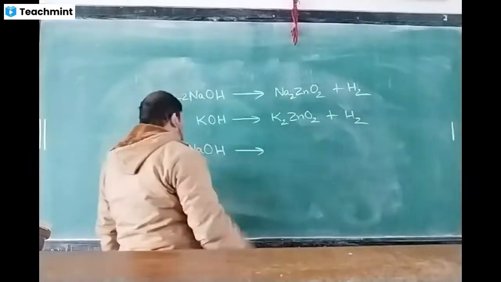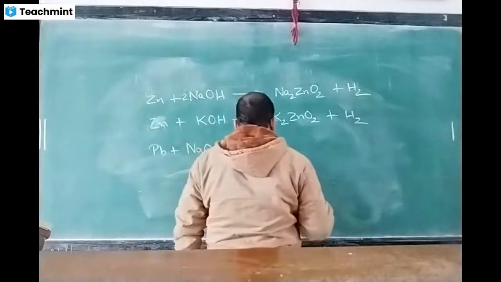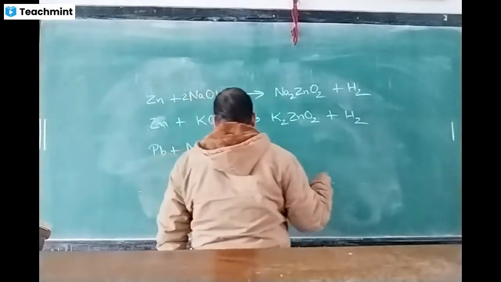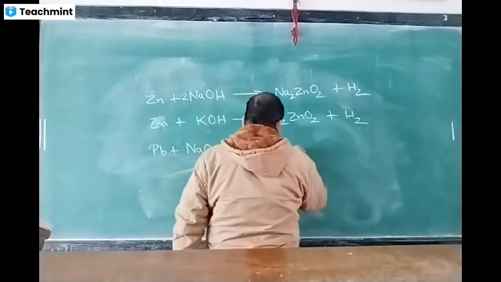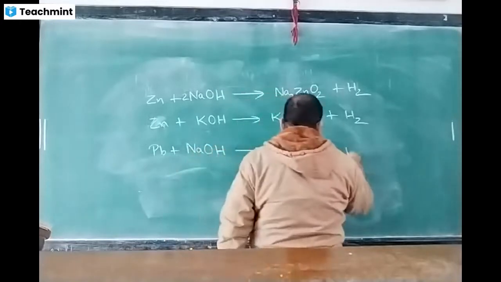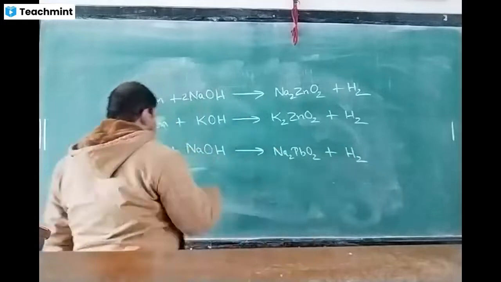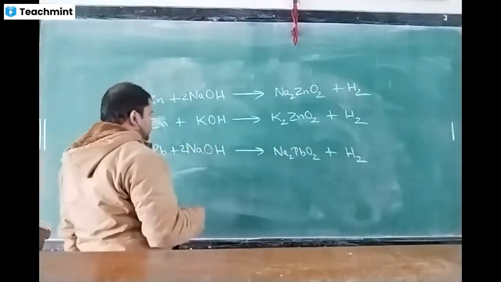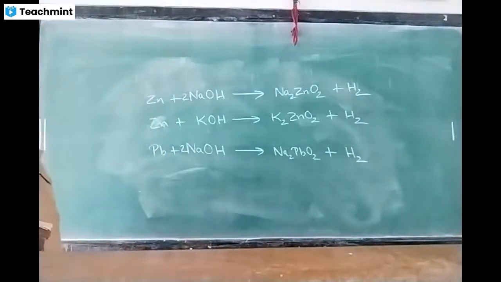So when lead reacts with sodium hydroxide, a strong alkali, we get sodium plumbite plus hydrogen gas.